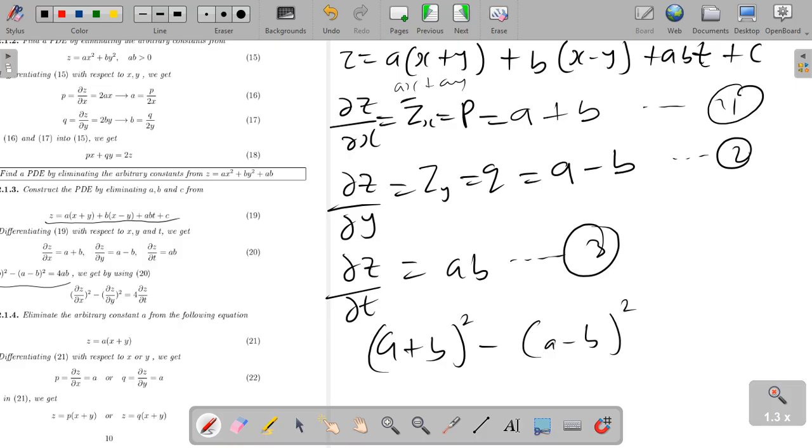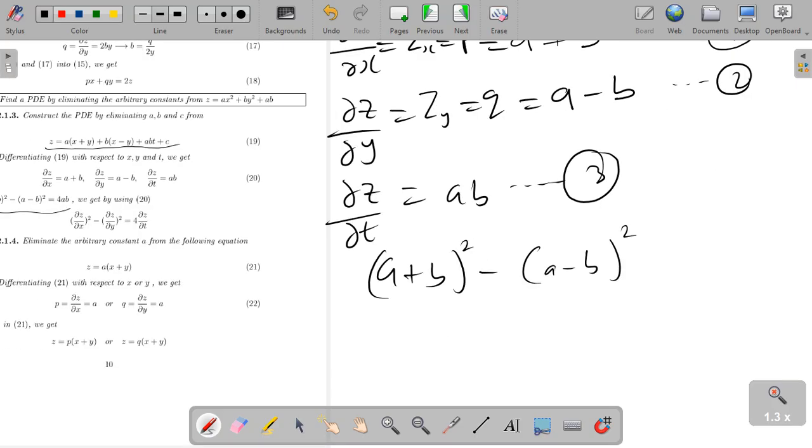It's the same as saying a squared plus b squared plus 2ab. Right? This one will give you a squared plus b squared inside this one plus 2ab again.